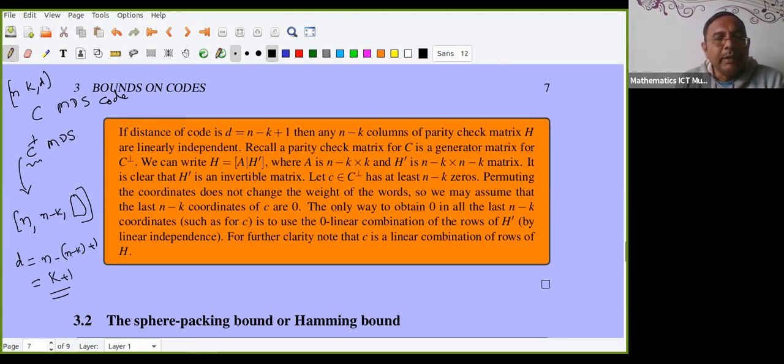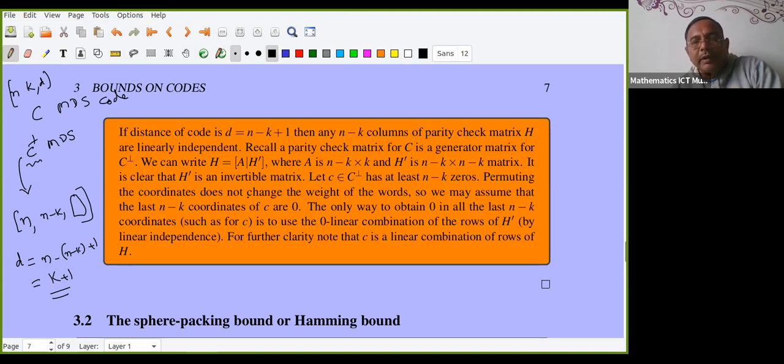That happens only when, for example, n minus k or more zeros are there. Let us check that. Suppose c has at least n minus k zeros.